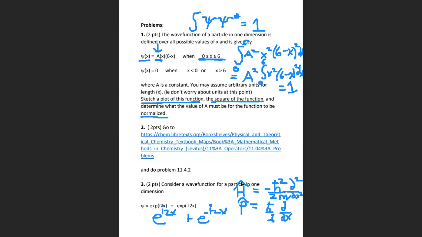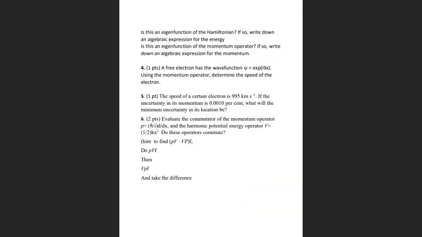Okay. If there are no questions on homework 2, we're going to pick up, will we still be able to do question 6 without the harmonic oscillator lecture? Oh, yes, that's a good question. And let's go to number 6 while we're here. This is the harmonic potential energy operator, V equals 1/2 kx squared, or multiplied by 1/2 kx squared.